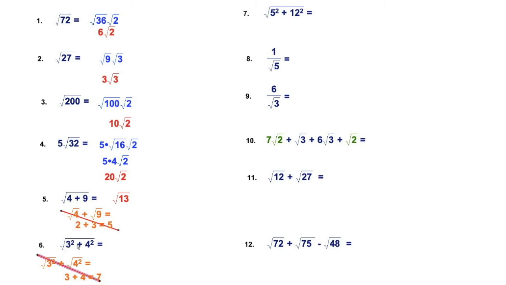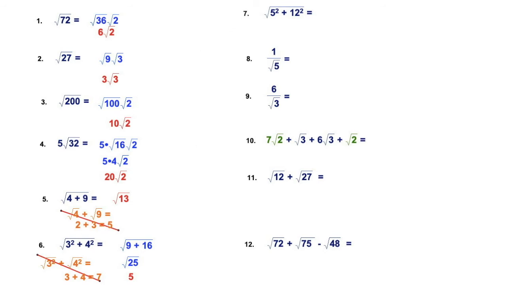Because the radical symbol here, this radicand, is a grouping symbol. So the correct way would be to square your two bases, add them together, and now it just jumps out at you. Easy as 3, 4, 5. And we'll see something magic about that tomorrow.